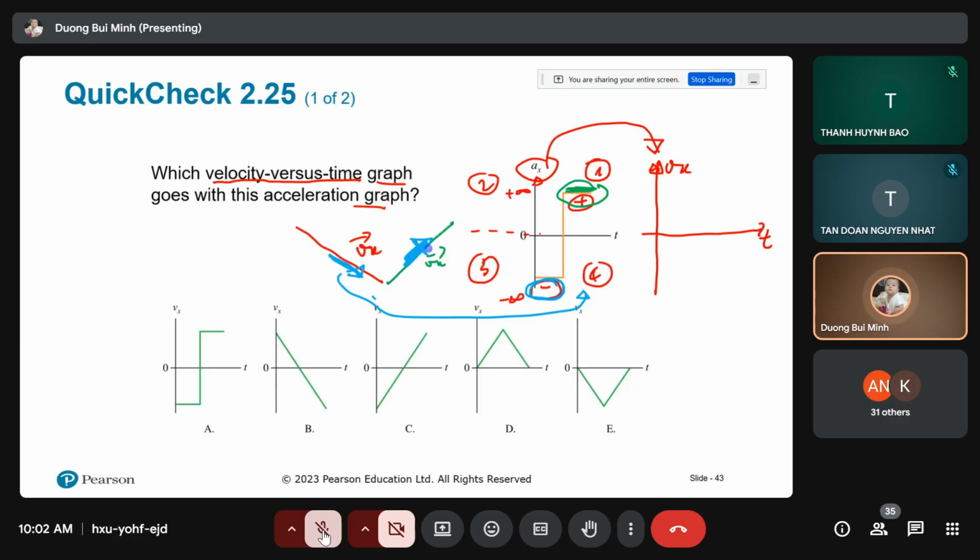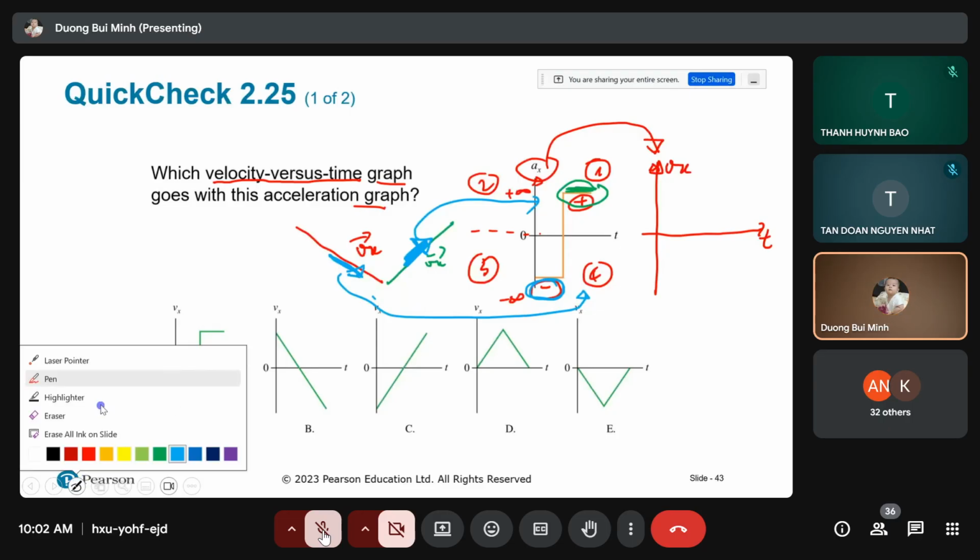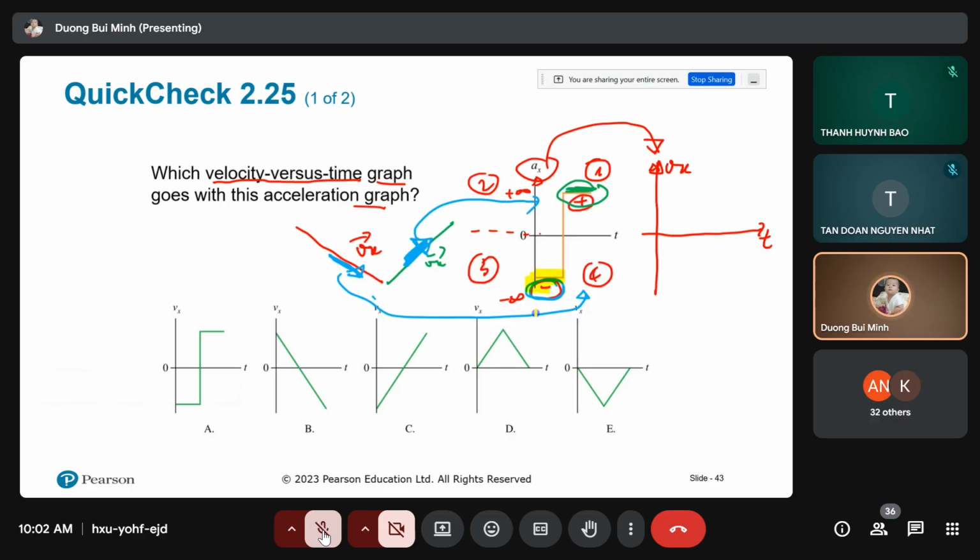If the slope is like this, you can move to the first quadrant. If we combine this one and this one, you should get the curve like this.